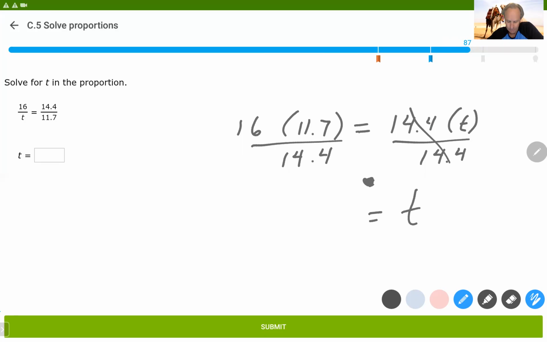Boy, I'm not seeing anything nice for 11.7. It just so happens that 3 goes into 11.7, and so does 9. The reason I know that 9 goes evenly into 11.7 is because there's a rule. It says that you add the digits, and if you add the digits 1 and 7, you get 9. And if you add the digits 1 and 4, you get 9.